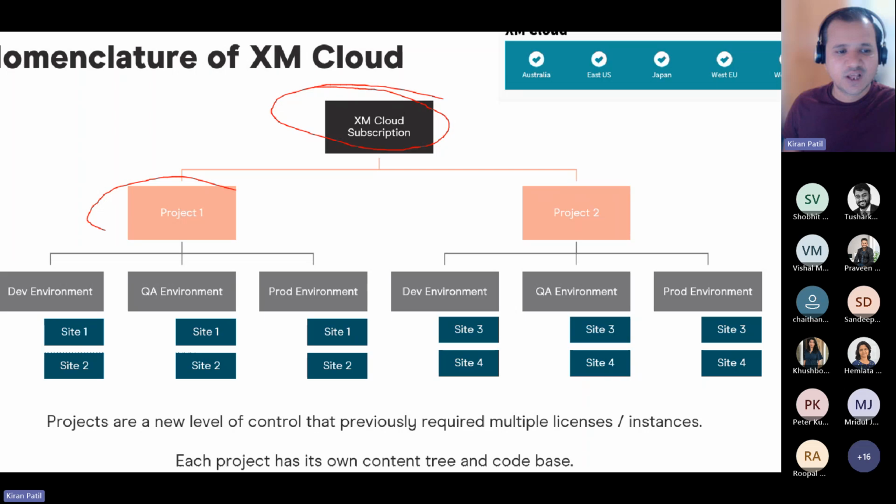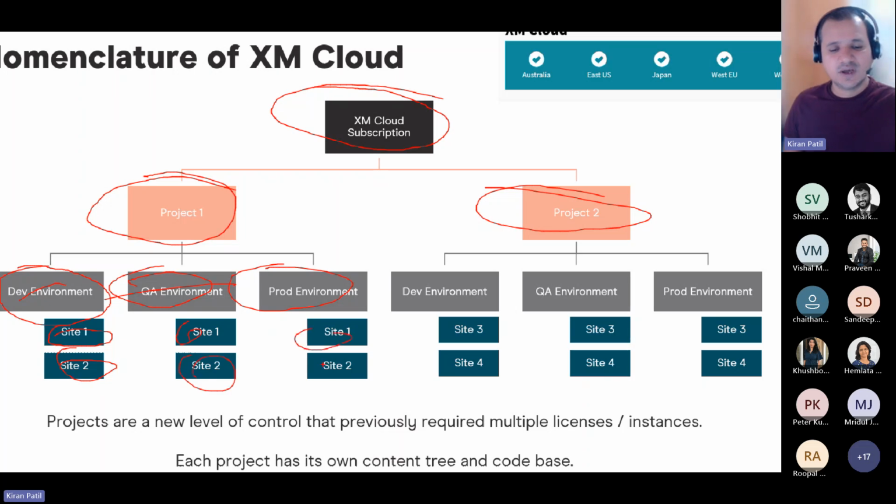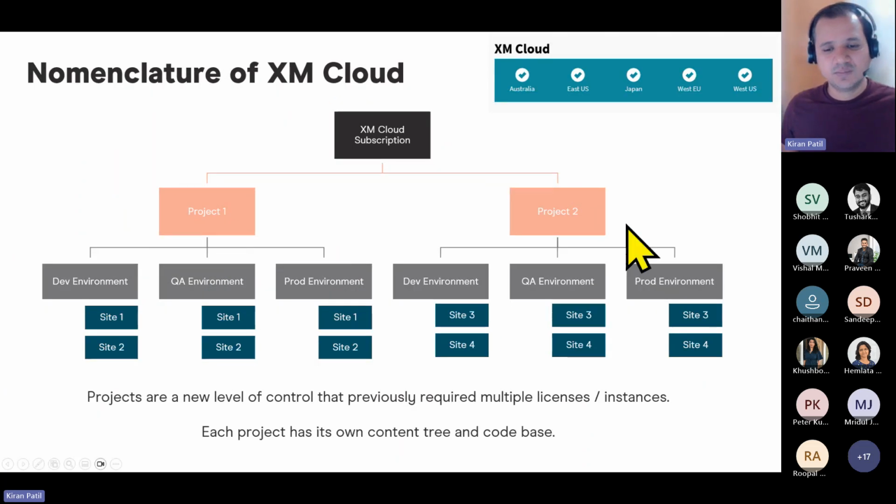One subscription can have one or many projects, and then each project can have one or I think four environments like dev, QA, prod, and then one environment can have a number of websites, right? So this is how you set up.